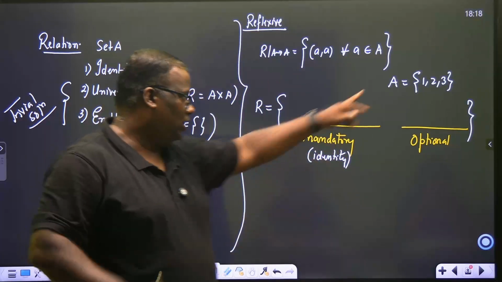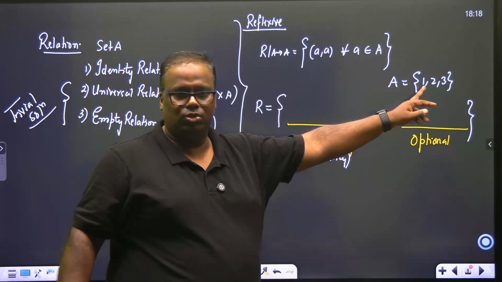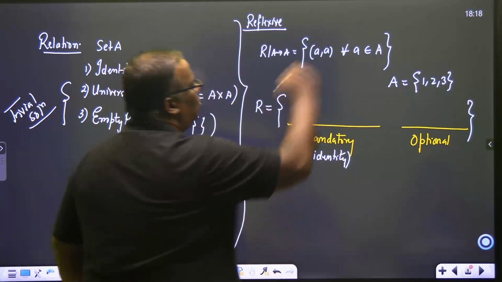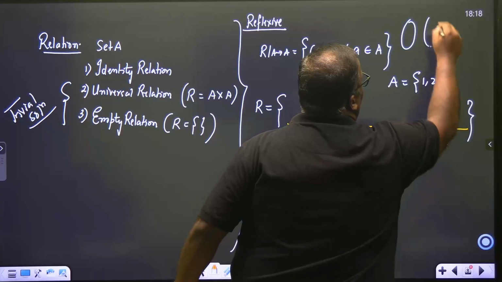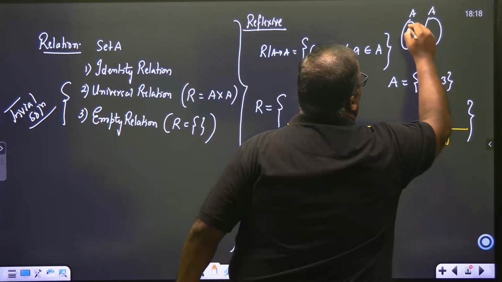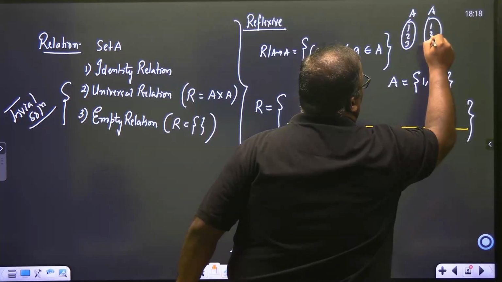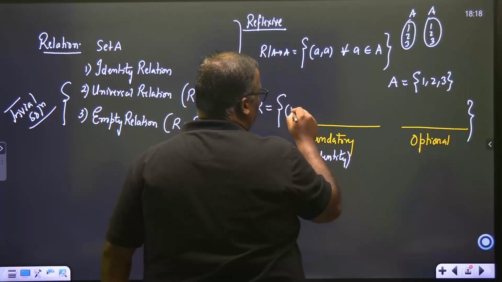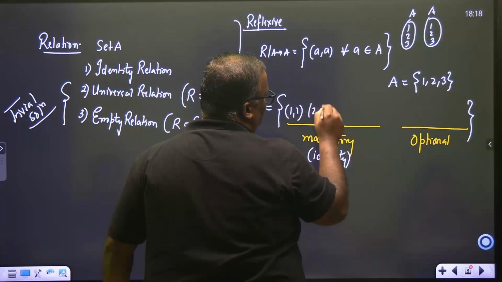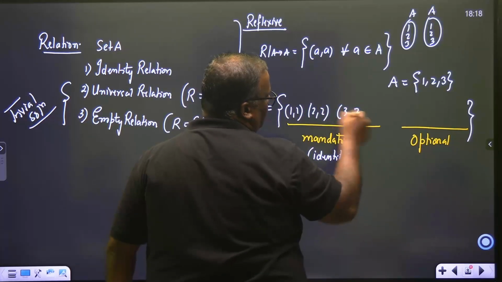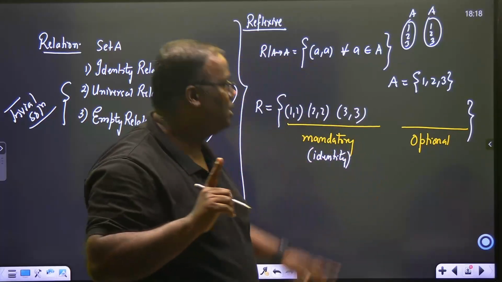Right? So what is our set? 1, 2, 3. Agreed? You can also think of it like this: this is also A, this is also A, 1, 2, 3 and 1, 2, 3. So the identity part should be there: (1,1), (2,2), (3,3).